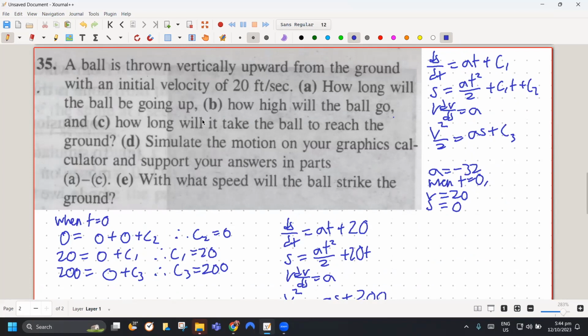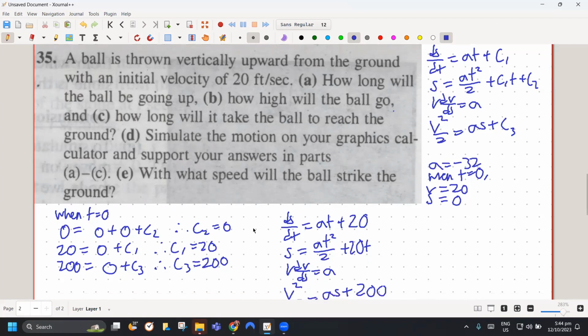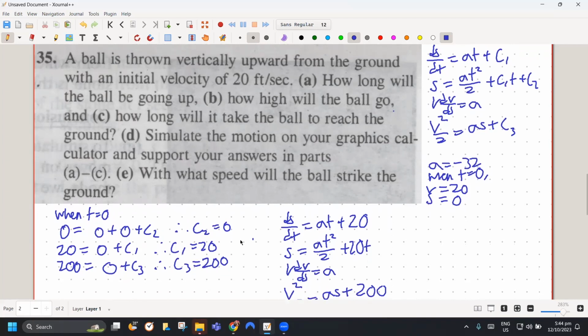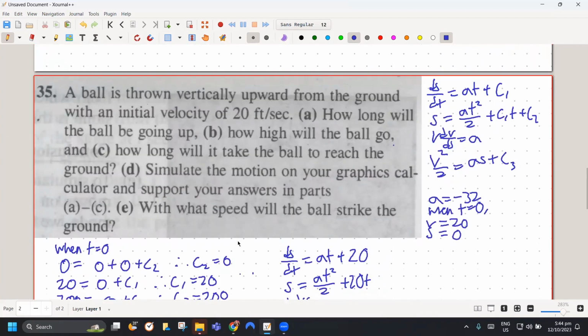So, when S is equal to 0, tapos, ano yung T, yan yung time it takes to reach the ground. So, ang tinatanong ay, ano yung total time? Going up and then going down. So, yung kailangan mong gawin yung S versus T.